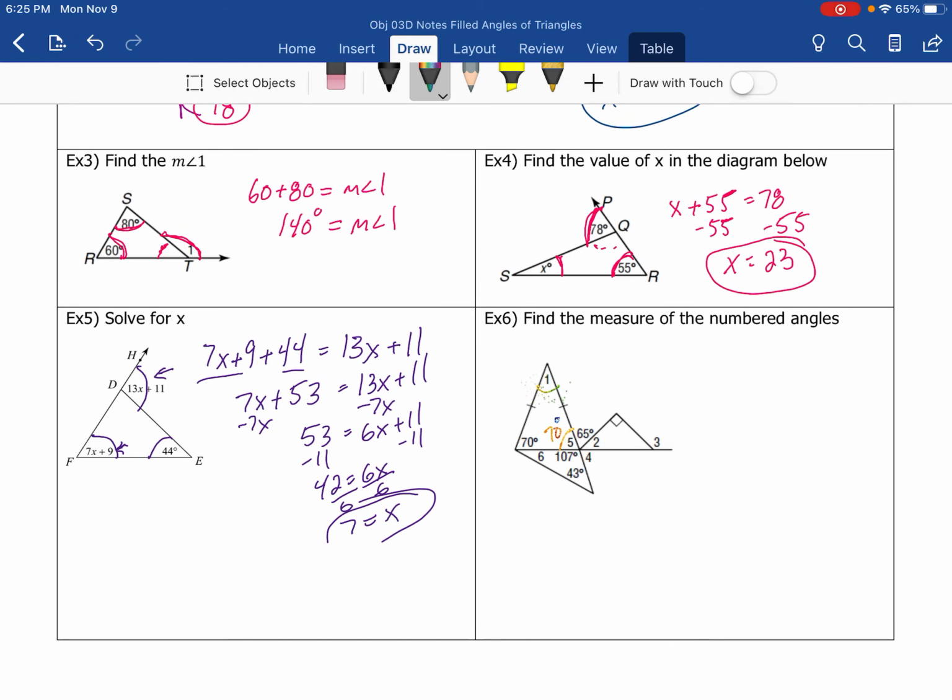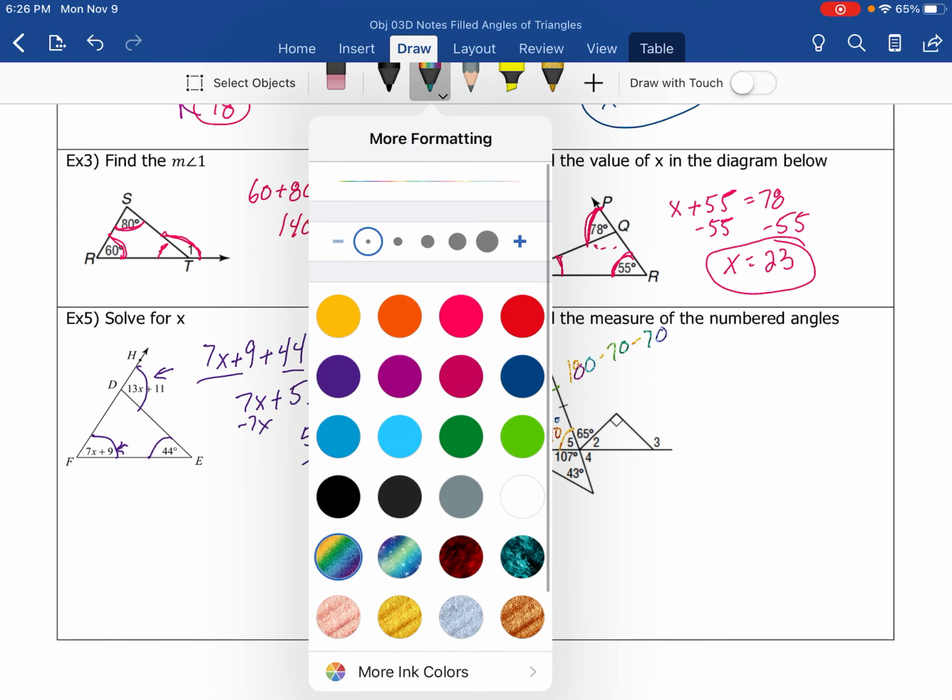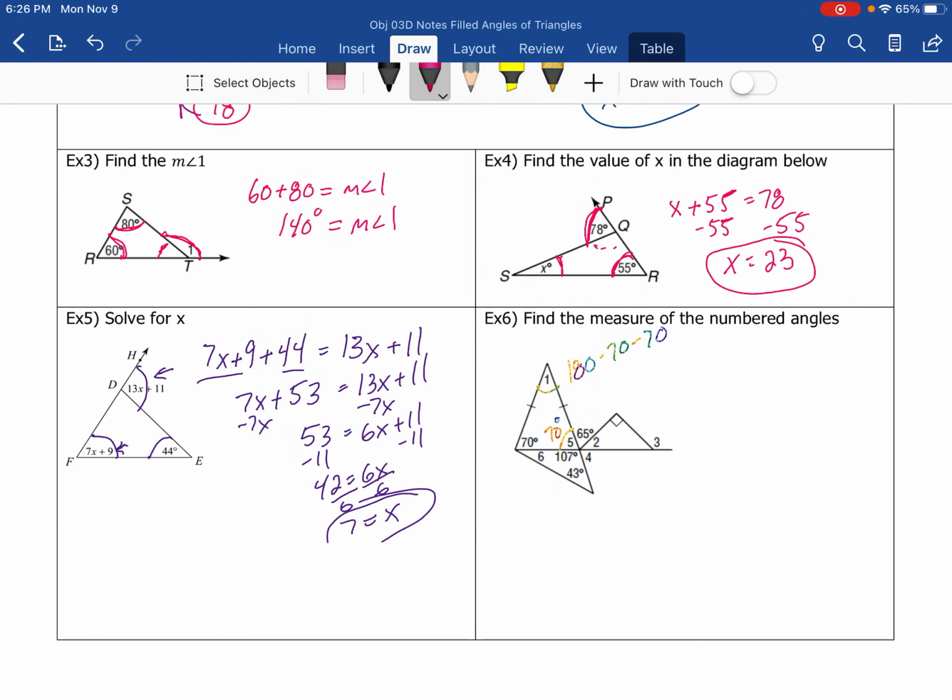Knowing that, I know that the measure of angle 1 is going to be 180 minus 70 minus 70, which I believe is 40 degrees. I wrote 140, so I'm sorry about that, guys. And I'll go away from the sparkly pen because I know it can be a little bit distracting. So this is going to be 40 degrees.